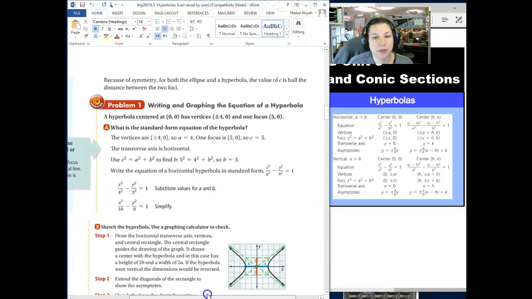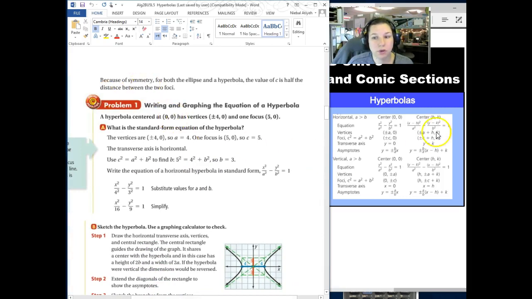So we have a hyperbola. It's centered at 0, 0. So I can eliminate this third column here and just focus on the one in the middle. And it says it has vertices of 4, 0. If you're looking through, the horizontal ones are a number then the 0. So it must be horizontal because that's the one that has a number and then 0.